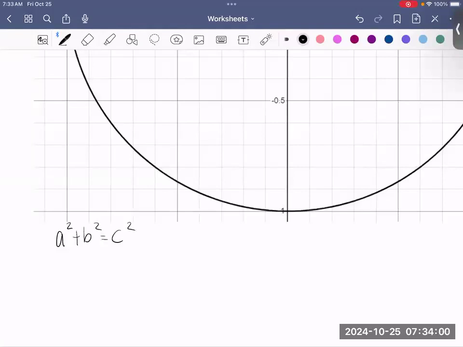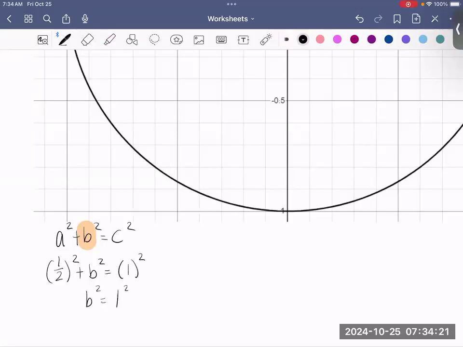And thankfully, we can already substitute values in because we're going to be solving for b here. We don't know what b is. So we said a is 1/2, squared, plus b squared is equal to your radius, c squared, which is 1.